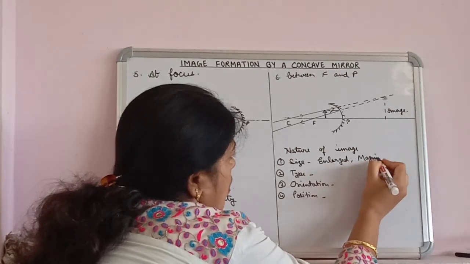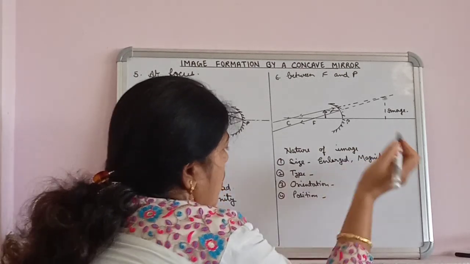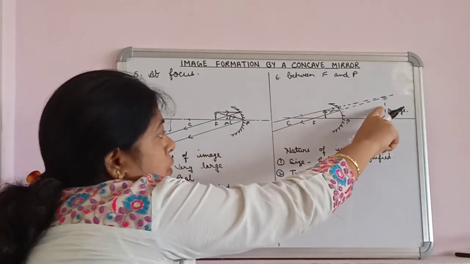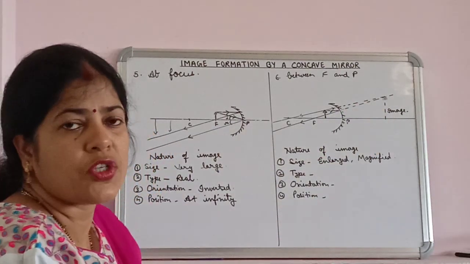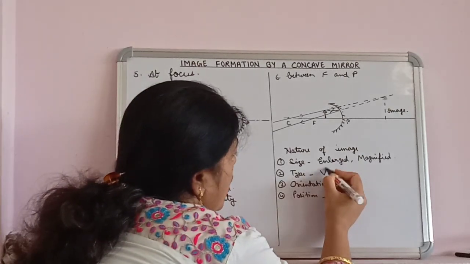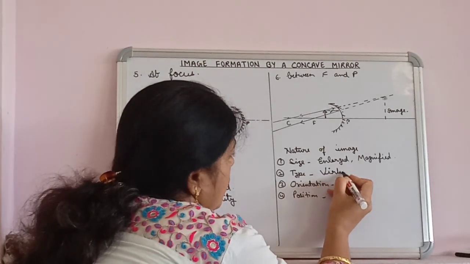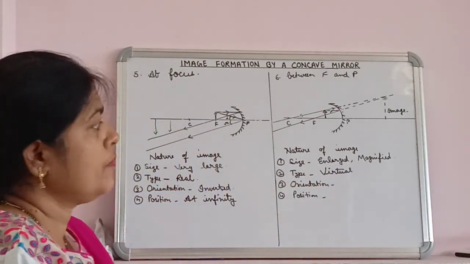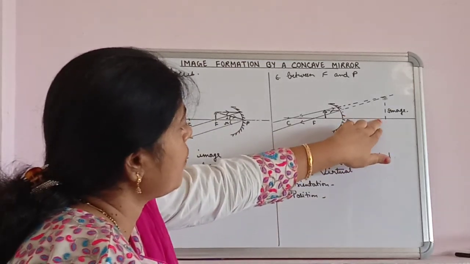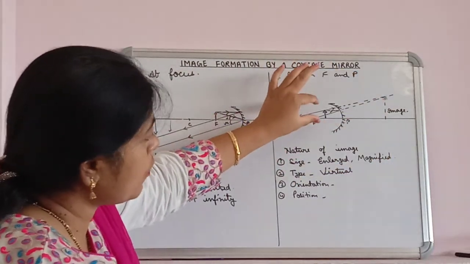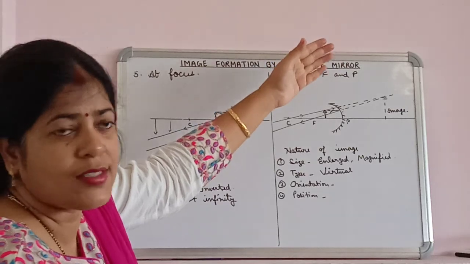Type of image: so this is a virtual image. Orientation: you can see the image is formed above the principal axis only, and the object was also kept above the principal axis.